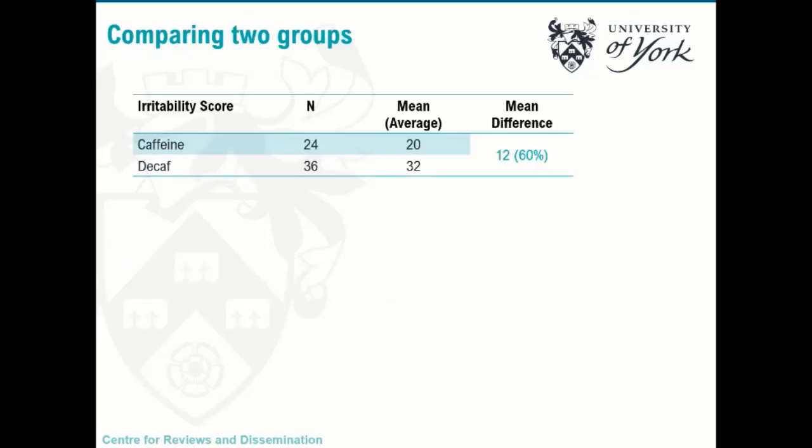In this example, we'll compare the mean average irritability score for each coffee group. Of the 24 people who drank caffeinated coffee, the mean irritability score was 20, whereas for the 36 people who drank decaffeinated coffee, the mean irritability score was 32.